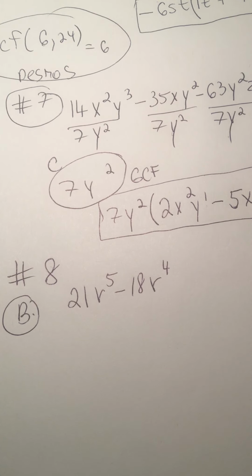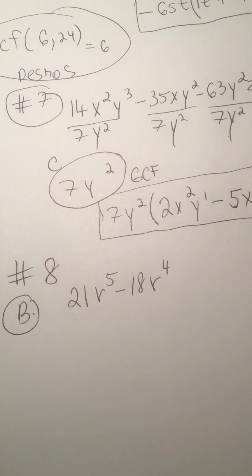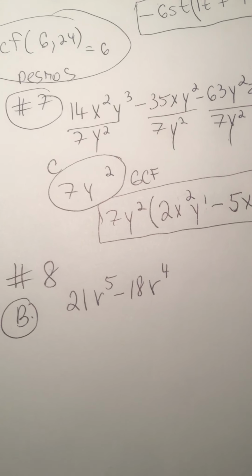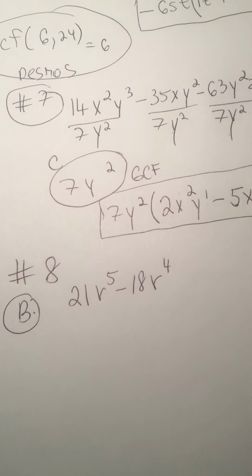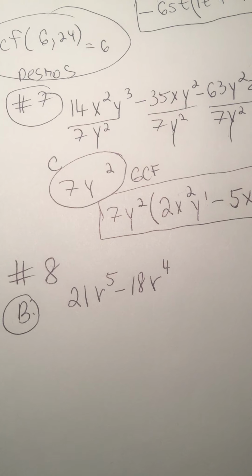Just double check the problem real quick. Okay, so what's being asked here is they want to know two answer choices which are completely factored out.